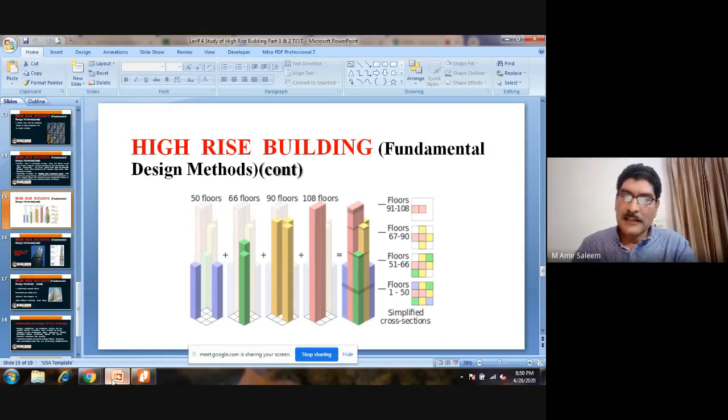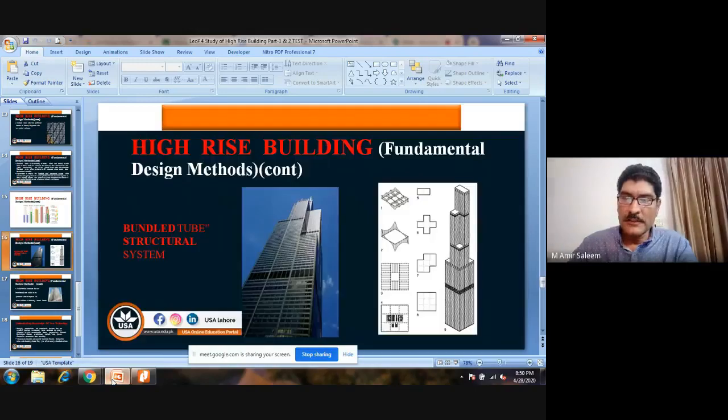So this slide makes clear the bundle tube system in taller structures. This is another bundle tube structural system. It reflects how different buildings are designed in the world, in Malaysia and other areas, in different aspects. In Lahore, we have seen the main boulevards. We saw a building that is not a tube structure; it is a rigid frame structure.